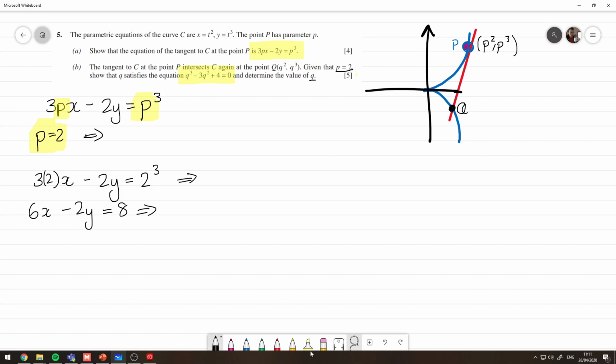Because we're figuring out a point on the tangent where the curve hits again, we're going to plug in the coordinates of q, which are q squared and q cubed, in for x and y respectively. So let's do that. 6x is 6q squared. That's q cubed.